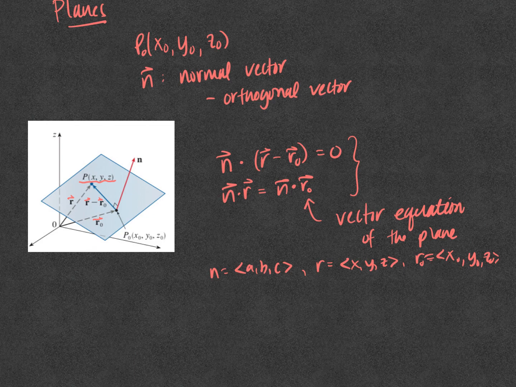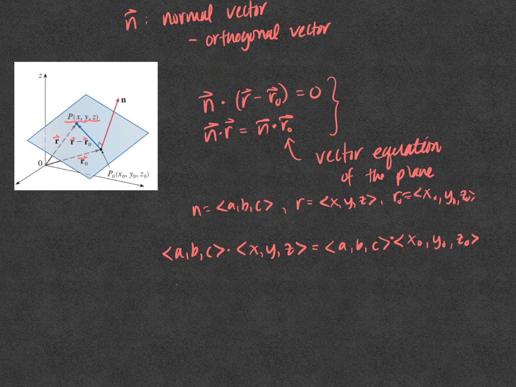So then we can say that n dot R, so ABC dot XYZ, equals ABC dot X sub 0, Y sub 0, Z sub 0. We could go with either version here, the top one or the bottom one. We're going to go with the bottom one.